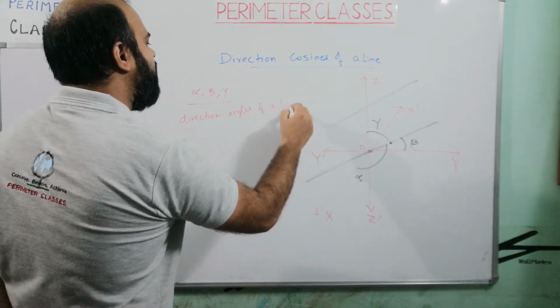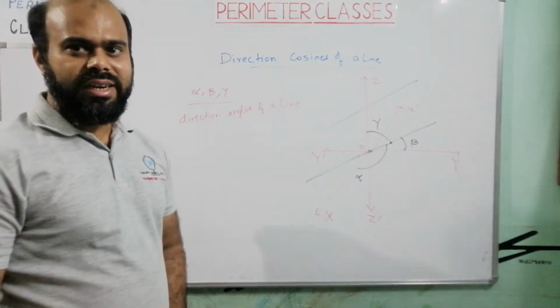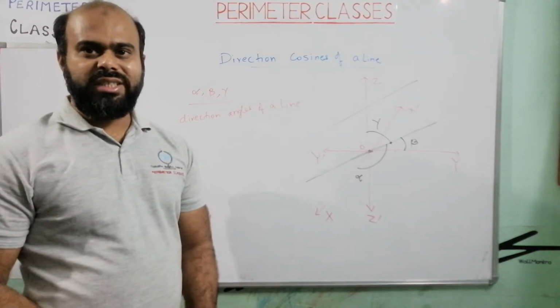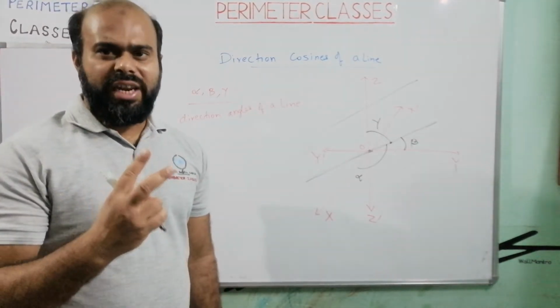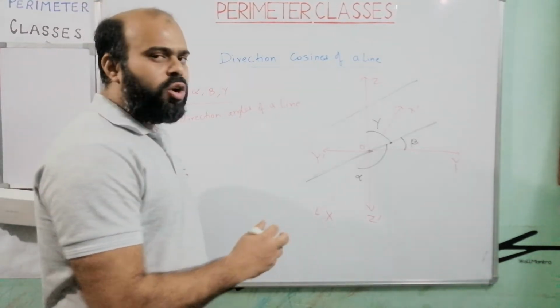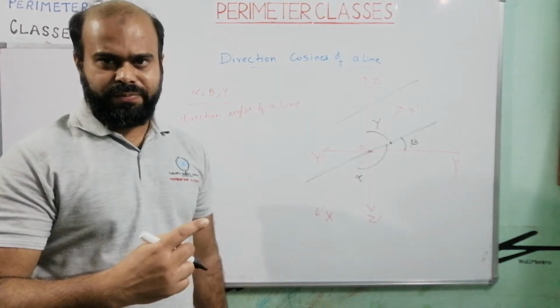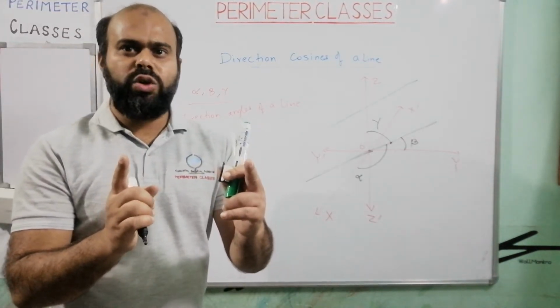Here one thing is very important because generally students get confused at later stage if we don't study right now, that there are two sets of direction angles of a line. Why is it so? Because a line has two directions. You know this, there is a line segment. A line segment has no direction.